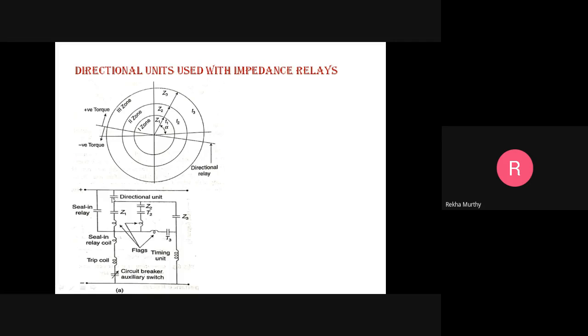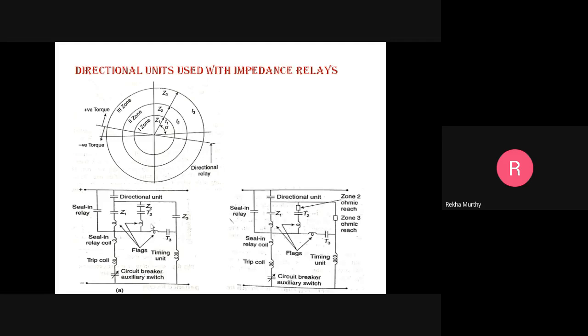So it is just like a capacitor, and this is in series with the impedance relays. Further you can see one more connection that indicates what the connection will be if only one measuring unit is employed. This connection part I'm going to discuss in detail in the next session, but just look at this diagram.